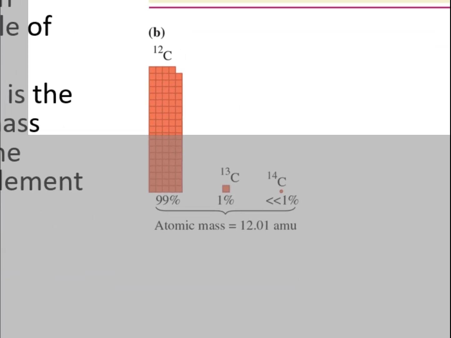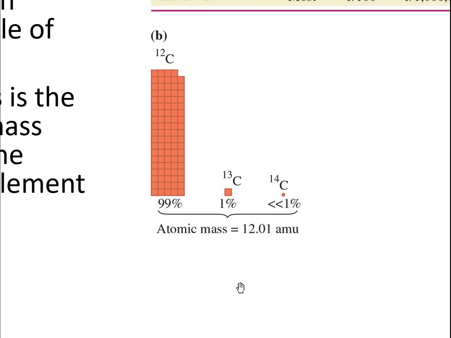So what they found is they said, okay, so carbon 12, 99% of carbon atoms are carbon 12, which means they have 6 protons and 6 neutrons. They'd have a mass of 12. There's a really small amount, just under 1%, are carbon 13. And even less, way less than 1%, are carbon 14.